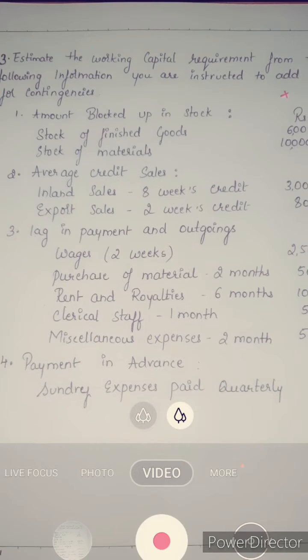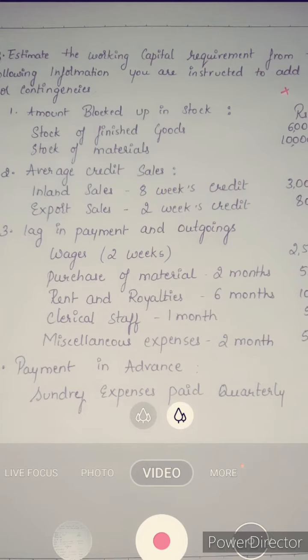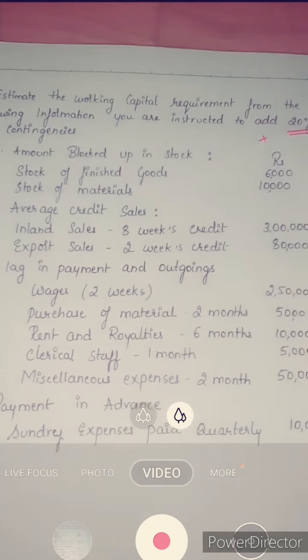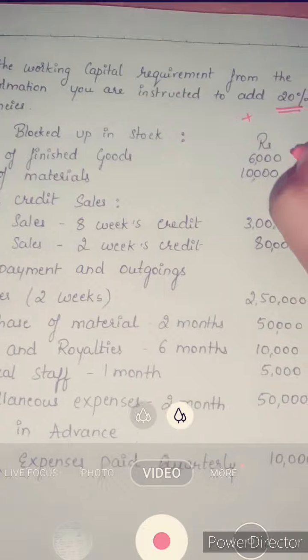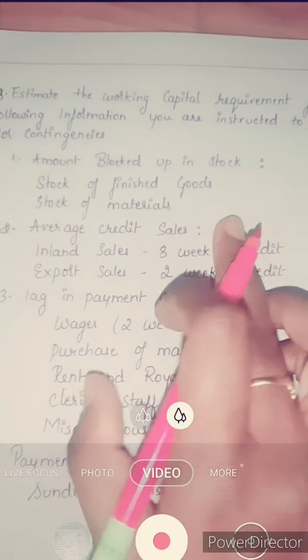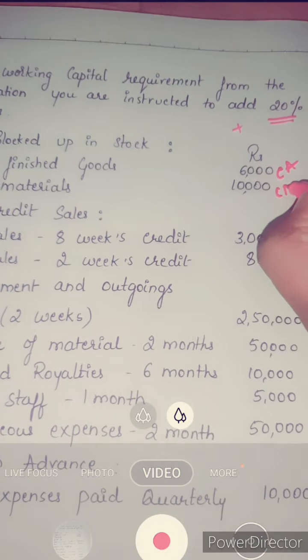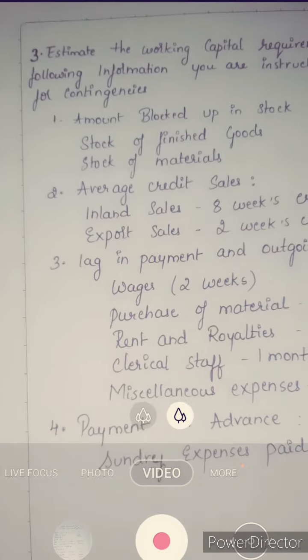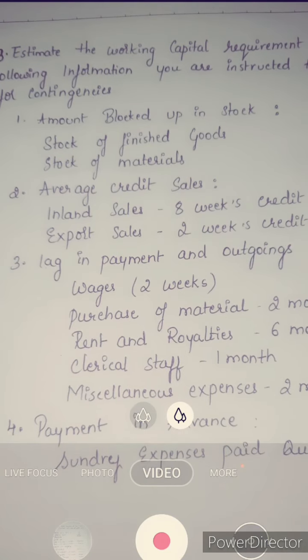Next, given information, amount locked up in stock. The stock of finished goods, the amount given is 6,000. As it is related to inventory, it is a current asset. Next, stock of materials, that is stock of raw material, is also related to inventory, so it is a current asset. Next, average credit sales.